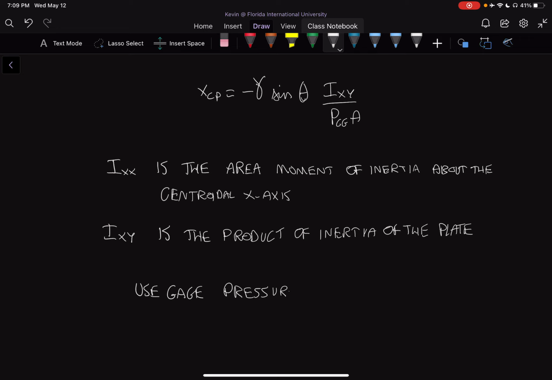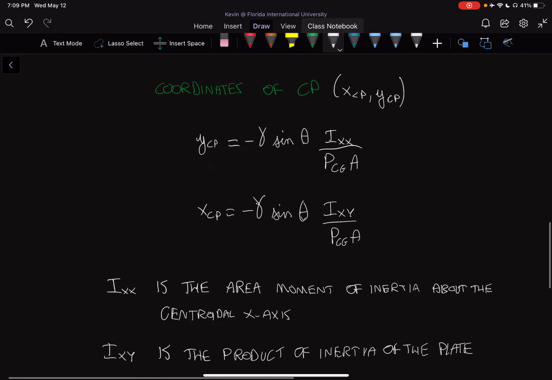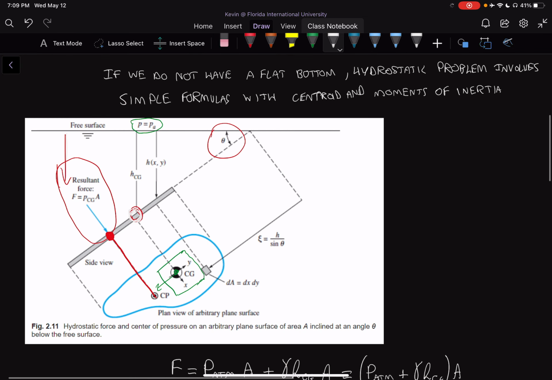So you can use both types. The above equations are using absolute pressure, and the equations below are going to be using gauge pressure. And the reason is if we have this system here, and we have atmospheric pressure on this side, and atmospheric pressure coming from the top, then they pretty much cancel out and we can neglect them.